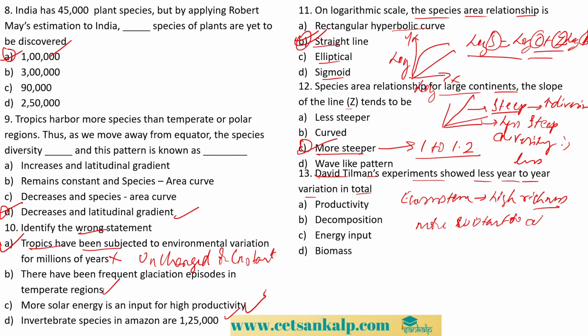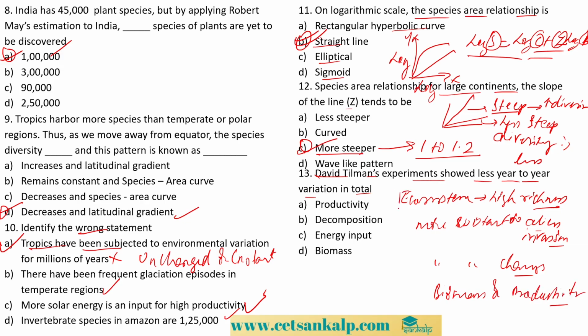You see that it is more resistant to alien invasion. It is more resistant to what? Alien invasion. Also, it is more resistant to changes, so variation does not happen in the ecosystem. Also there is less variation in biomass or productivity. That is what they tell, right?